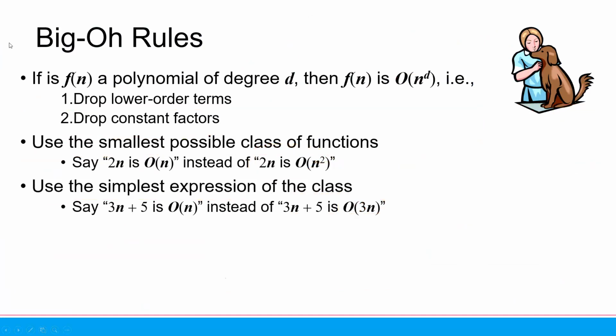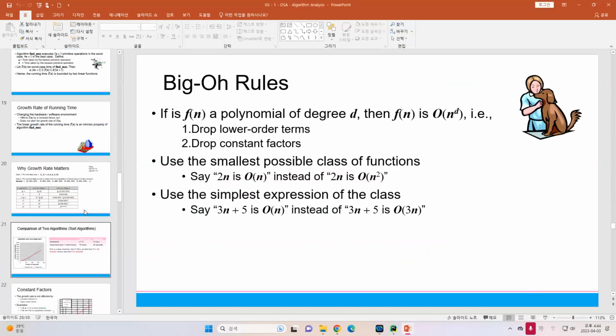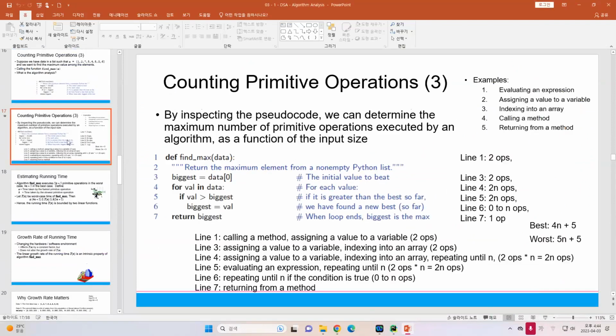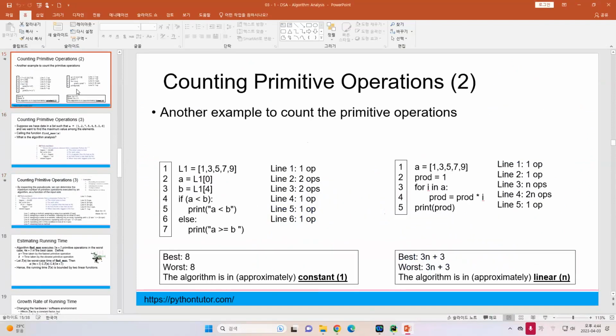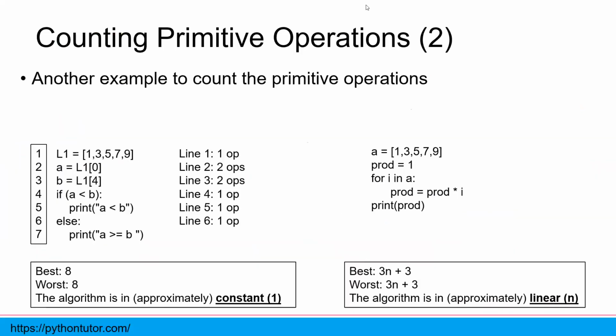That's why I think you have questions. Some of you have questions about the previous section, like this example. You still remember it? Some of you asked, professor, why don't you count line number 7?